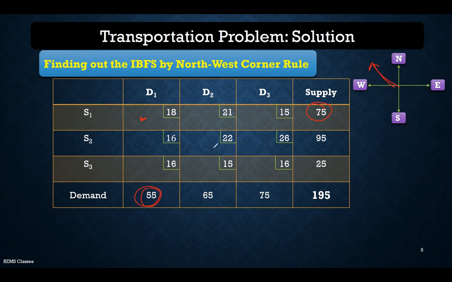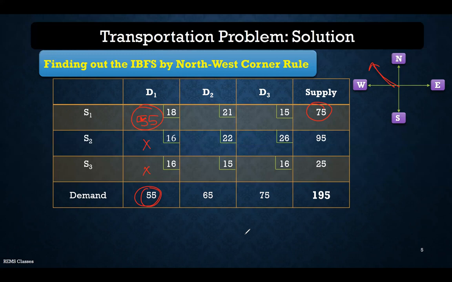The minimum of 75 and 55 is 55 units, so we will allocate 55 units in this cell. Since this cell got satisfied, we will cross out the rest of this column and advance further. So on the northwest corner, we have a 55-unit allocation in the S1D1 cell.